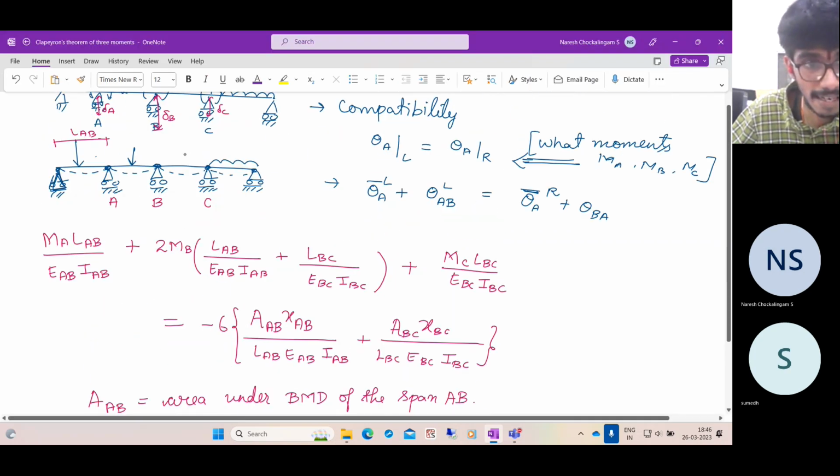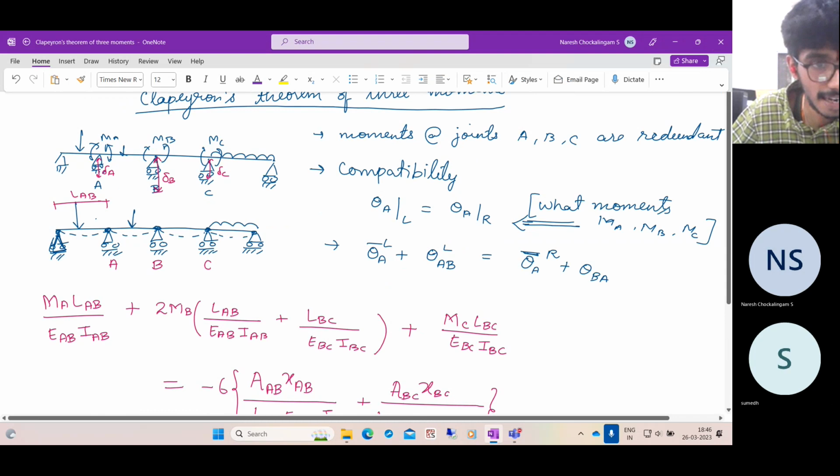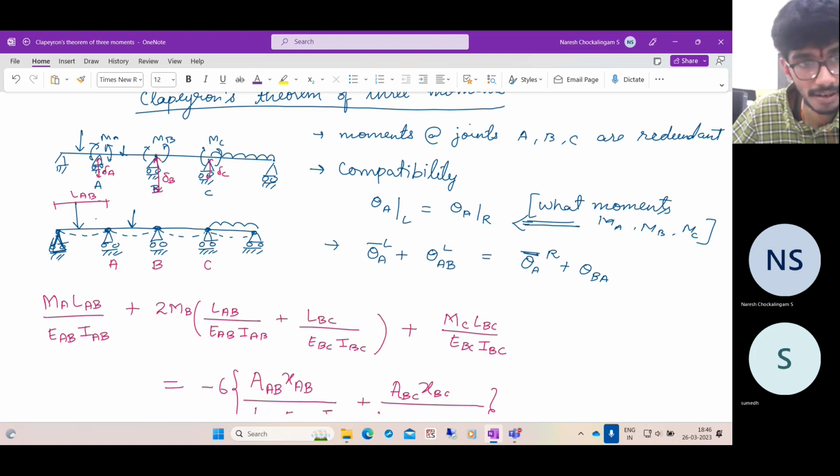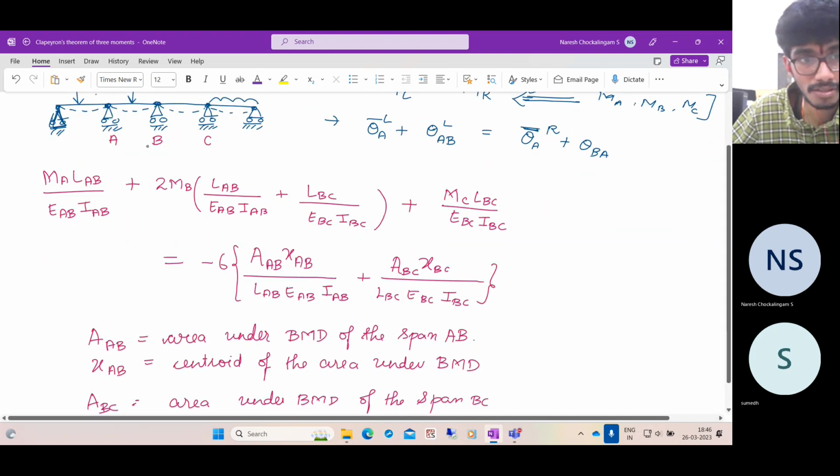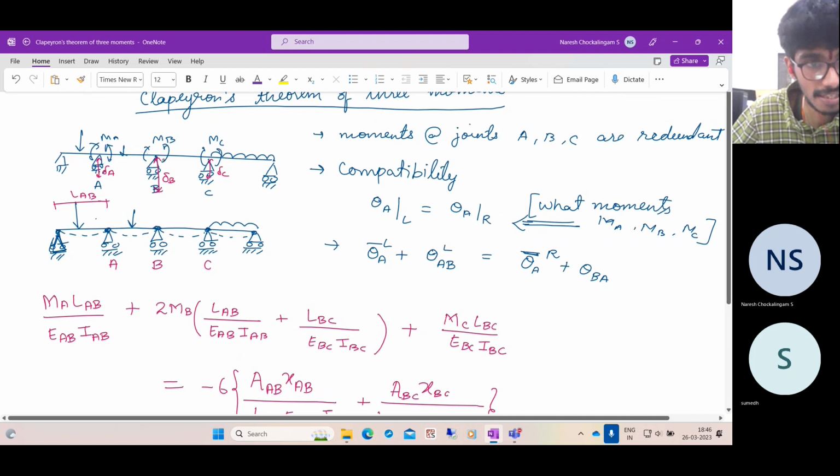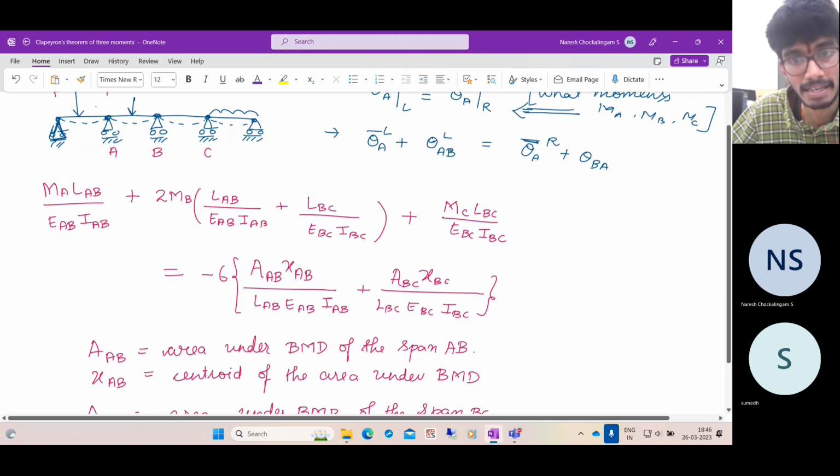The support settlement will induce additional reactions, which will cause extra bending moments and slope in this structure. So the rotation caused by support settlement should also be incorporated into the compatibility conditions.